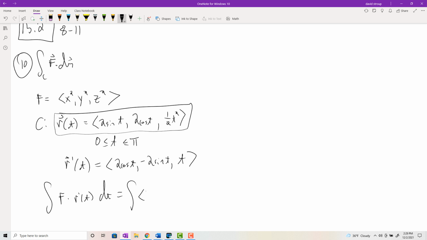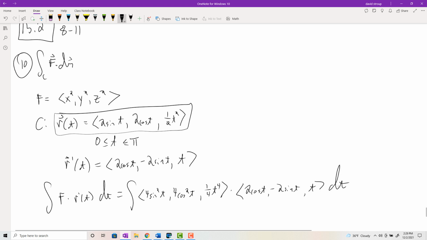I get 4 sine squared t, comma 4 cosine squared t, comma 1/4 t to the 4th, and then dotted with r prime, so that would be 2 cosine t, negative 2 sine t, and then t dt.